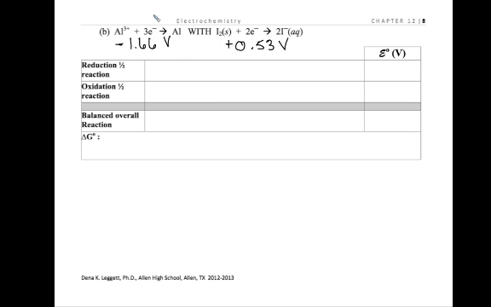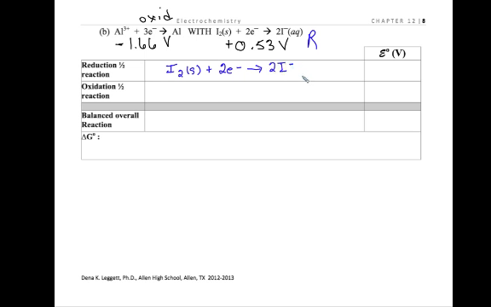Highly reactive metals want to be oxidized. So, since it's spontaneous, we want our most positive one to be reduced. So we're going to leave that the same. And 2 electrons going to 2I-.